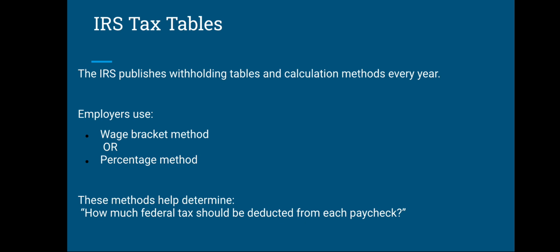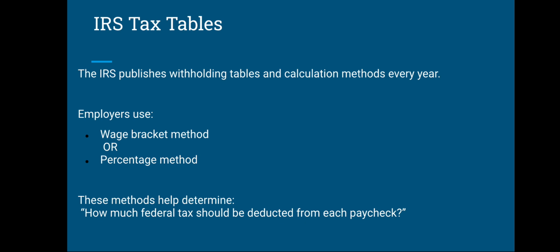IRS tax tables. The IRS publishes withholding tables and calculation methods every year. Employers use the wage bracket method or the percentage method. These methods help determine how much federal tax should be deducted from each paycheck.